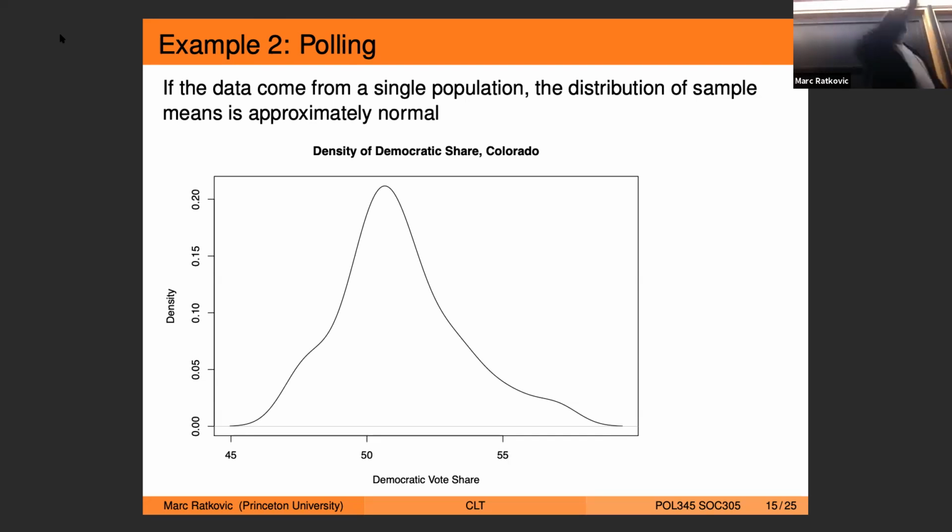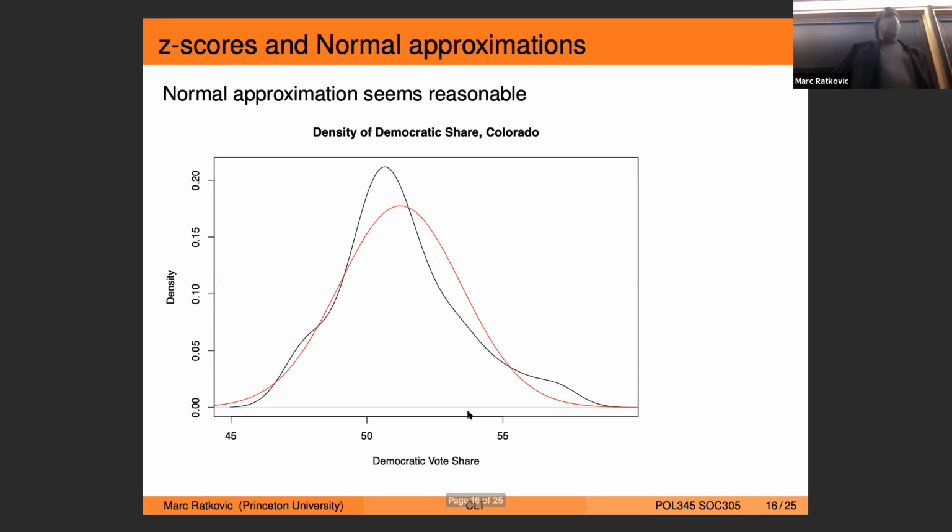It's just averaged over a whole group of people. If you look at the distribution of polls from Colorado that cycle, they look like this, which is approximately normally distributed. It's not exactly normally distributed because there were only 15 or 20 values in there, but the normal approximation seems reasonable when we talk about polling, because the underlying data is generated from an average of 0-1 decisions.